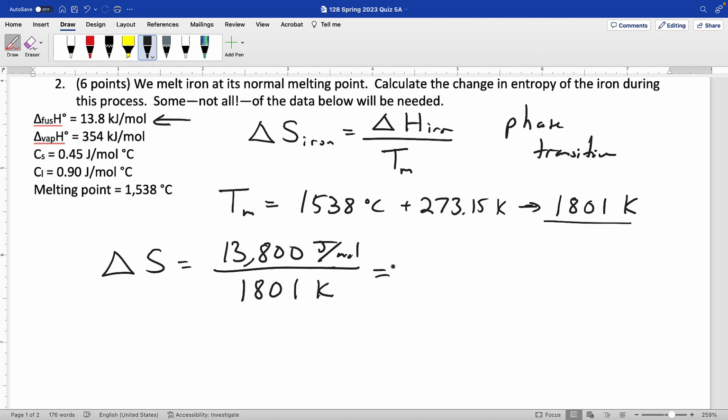And so when we divide that, we get 7.66 joules per mole per Kelvin.